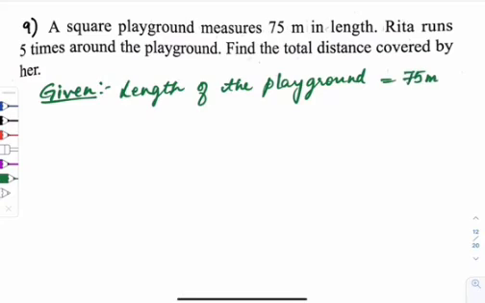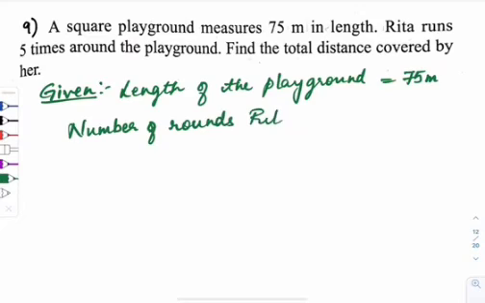Then number of rounds, who is this? Rita runs. Number of rounds is equal to 5 rounds.